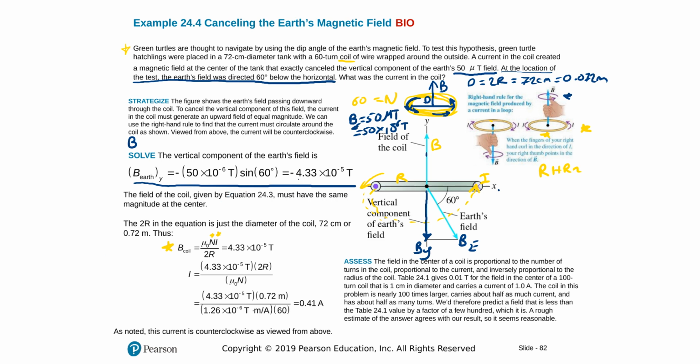My B coil, or B, is equal to B Earth Y. So we should be careful about the questions. Find that. You have all the other information. Put it in here. Find the current passing through the wire.